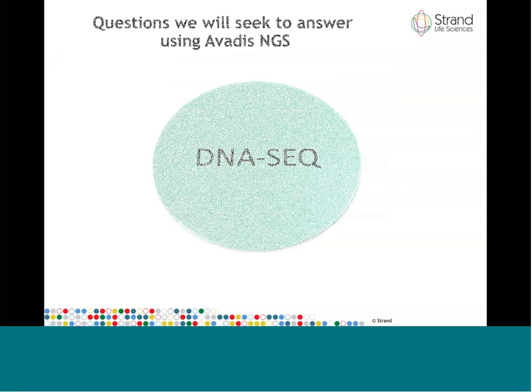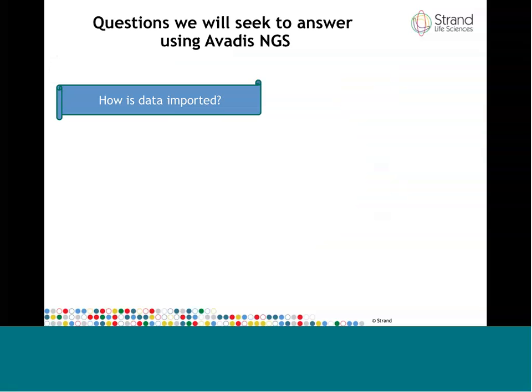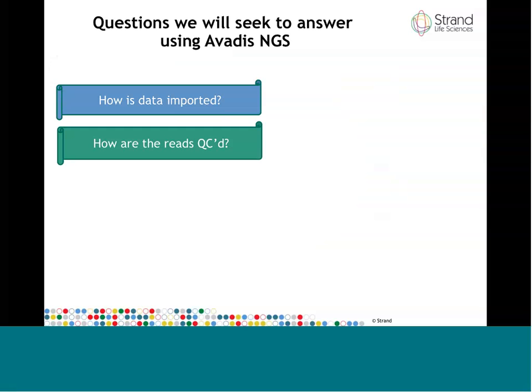And we'll be seeking to answer the following questions. How do you import your data into Avadis NGS? How do you then QC the reads and get rid of the reads that are not good enough?